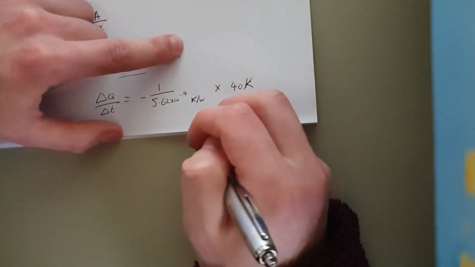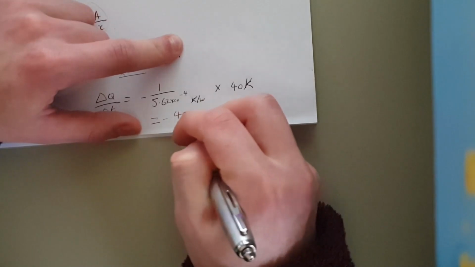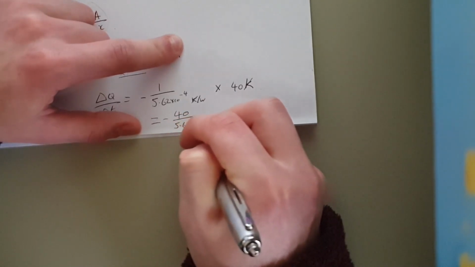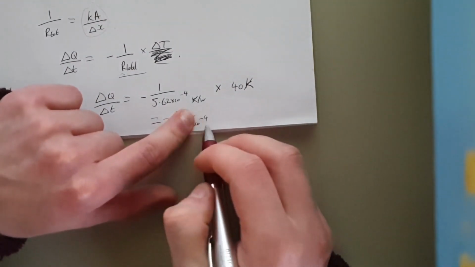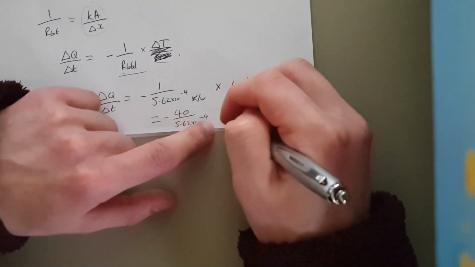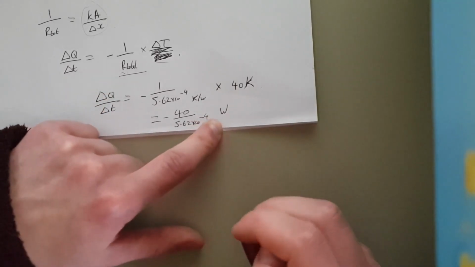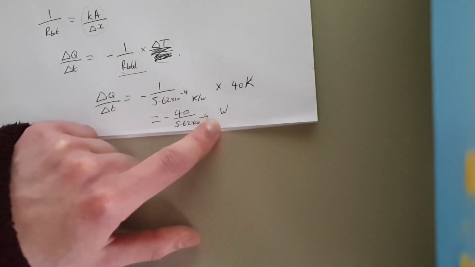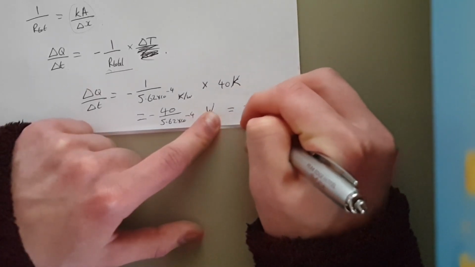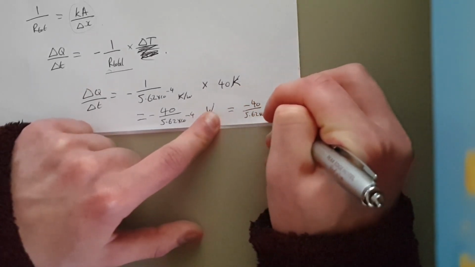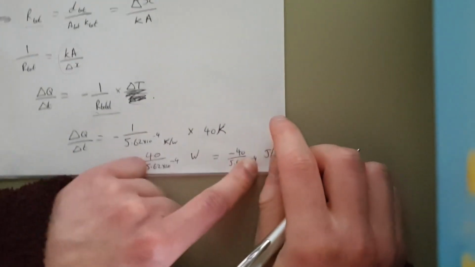per second. So this is equal to minus 40 over 5.62 times 10 to the minus 4, and this is 1 over watts. So 1 over watts is watts, and we know that watts are joules per second. So this is minus 40 over 5.62 times 10 to the minus 4 joules per second, which is great, those are the right units.